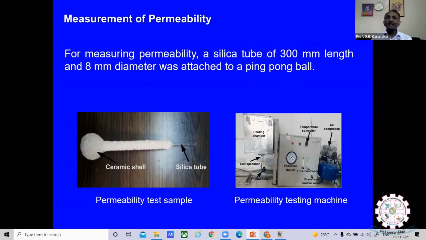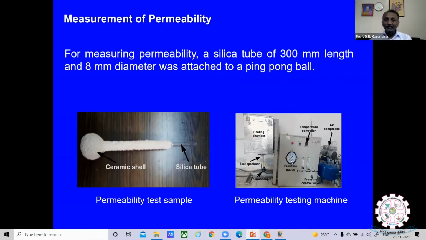Initially, we dipped this in the primary slurry, and a layer of thickness 1 millimeter is created. Then we dipped it in the secondary slurry repeatedly, took it out and put the stucco coat. After we dipped it 7 to 8 times, a shell was created around the silica tube and also around the ping pong ball. Then this was dried.